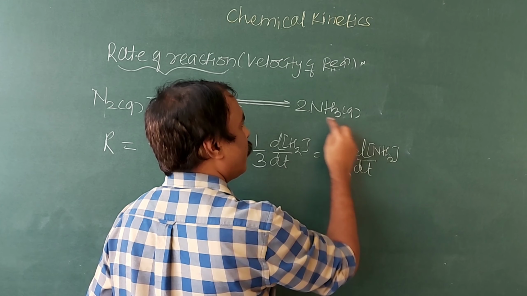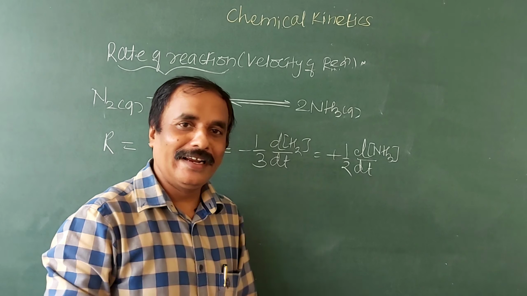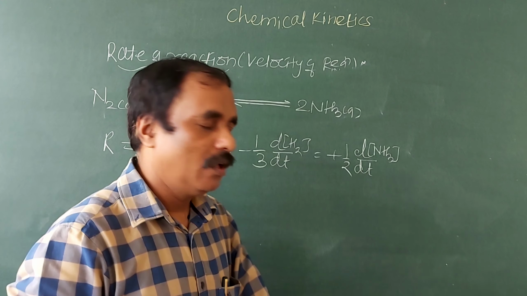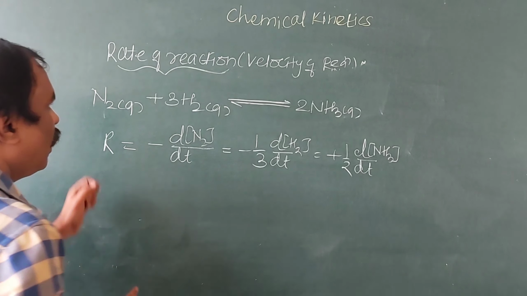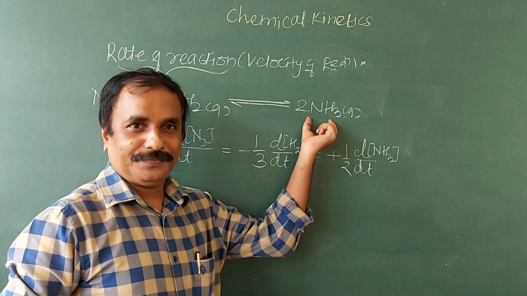NH3, because here 2 moles of ammonia, that is 1 by 2. This positive sign indicates increase in concentration of product. But how?